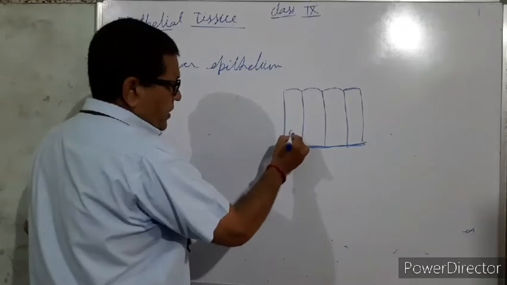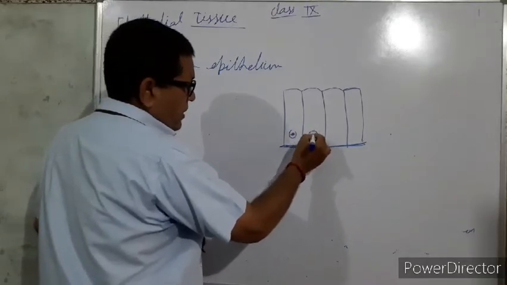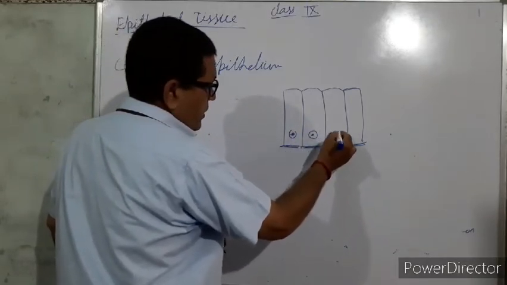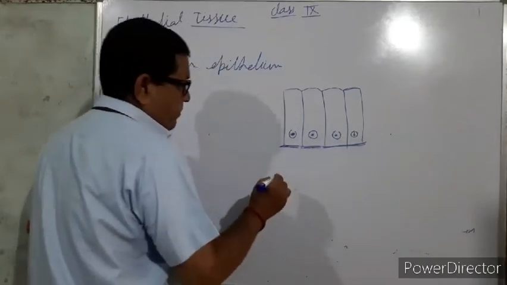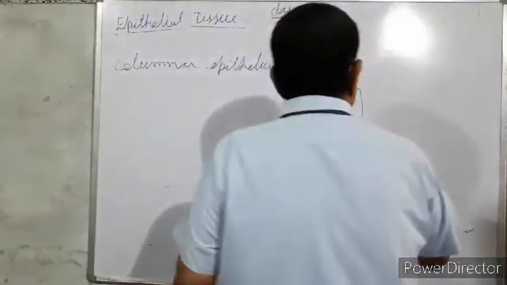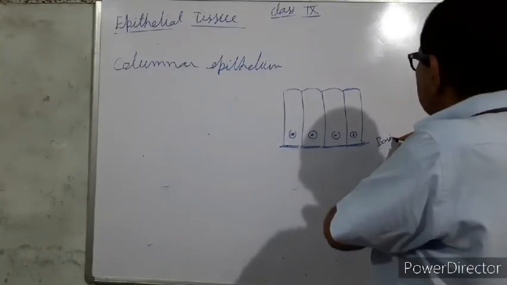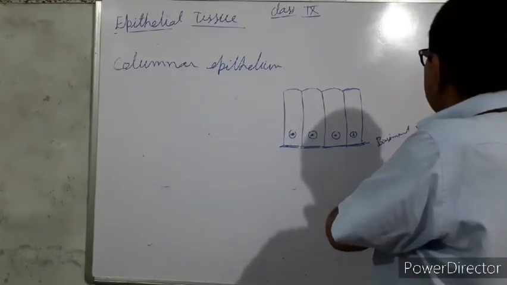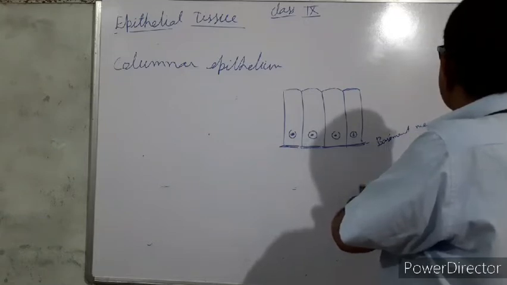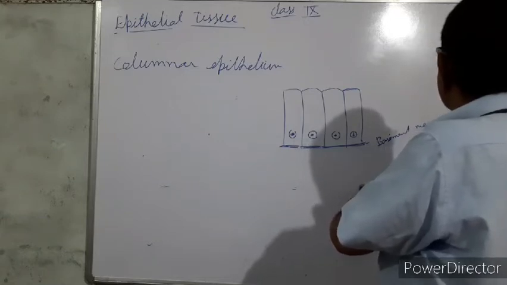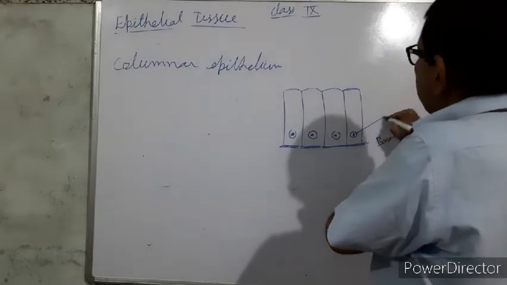One more peculiar feature is there. The nucleus is found towards the basement membrane. So this is the basement membrane and this is the nucleus.